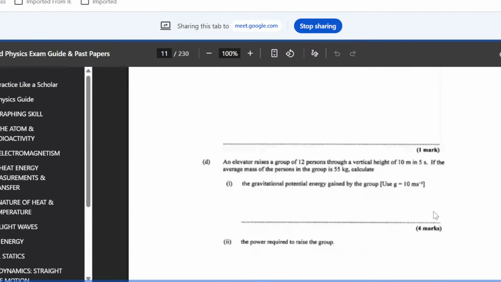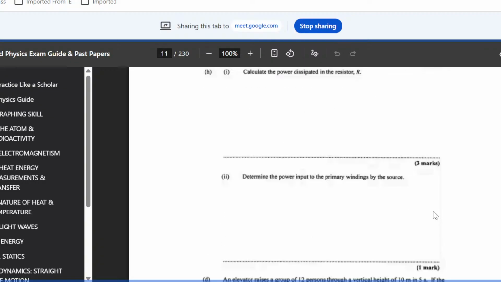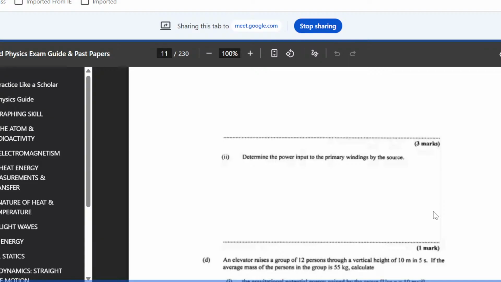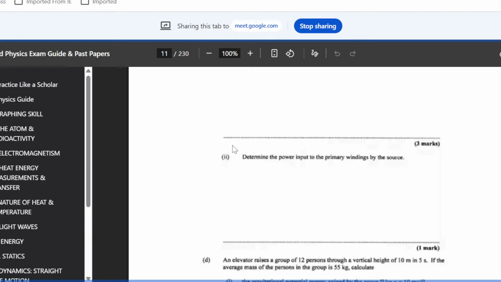All right, was that the last question? Oh, power. Determine the power input to the primary windings by the source. So now we can just do the power. So P equals IV. What was the initial voltage? Again, 50. P equals IV.